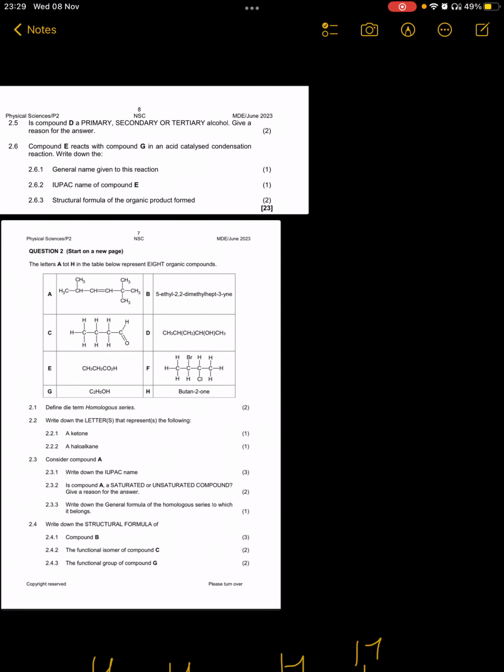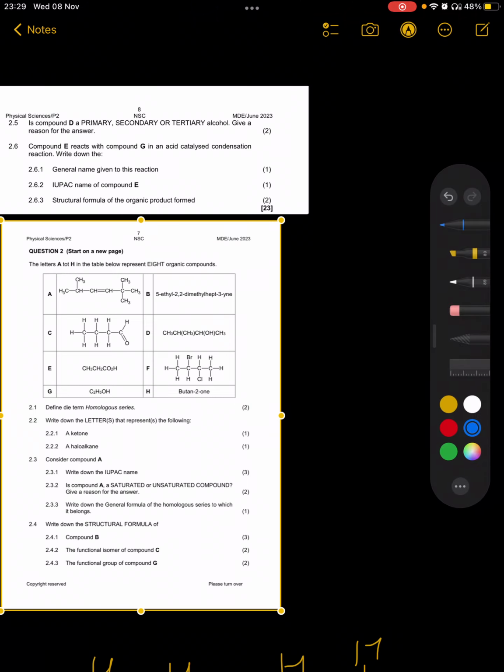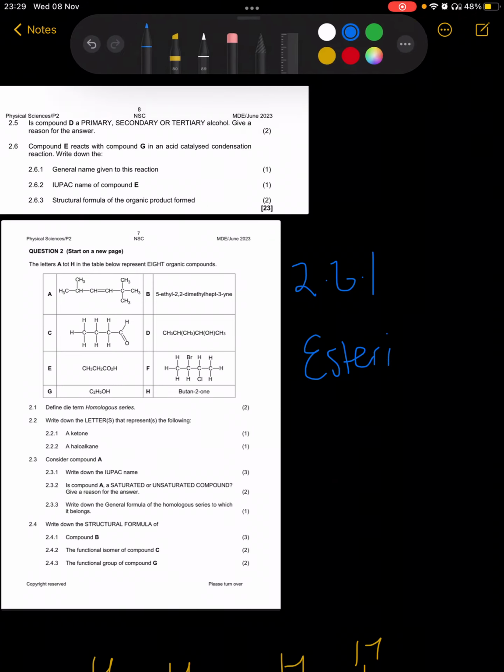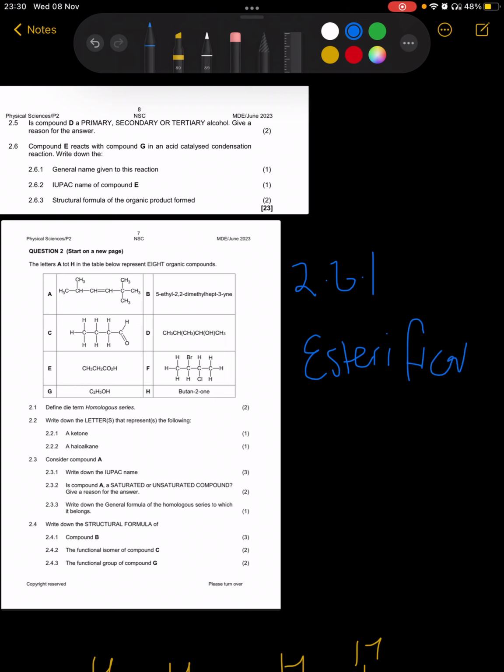Then 2.6, compound E reacts with compound G in an acid catalyzed reaction. Compound E is here as a carboxylic acid, and compound G, we saw, was ethanol. So reaction between ethanol and carboxylic acid, we know it as a 2.6.1, the esterification reaction.